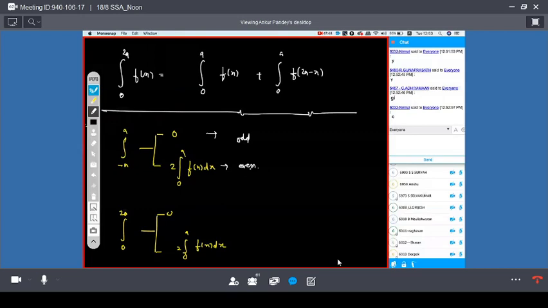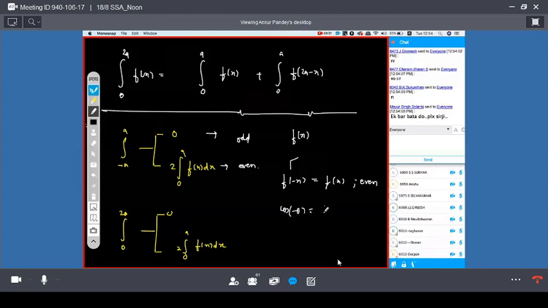I am considering that you know what are odd functions and what are even functions, right? Yes or no? See, simple. If there is a function f of x such that f of minus x is same as f of x, it is called an even function. Like cosine.